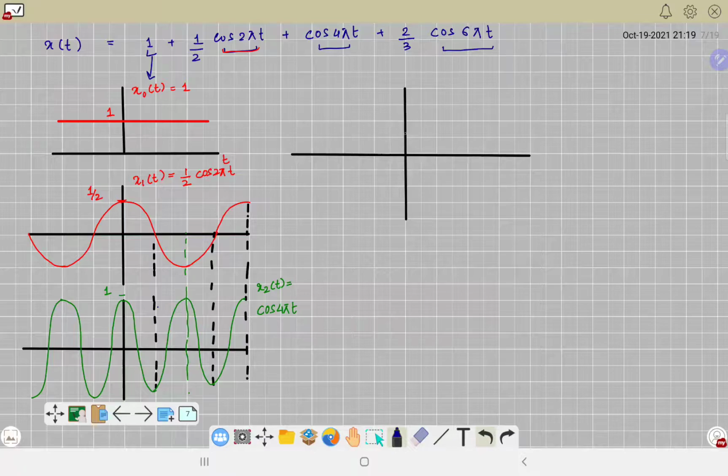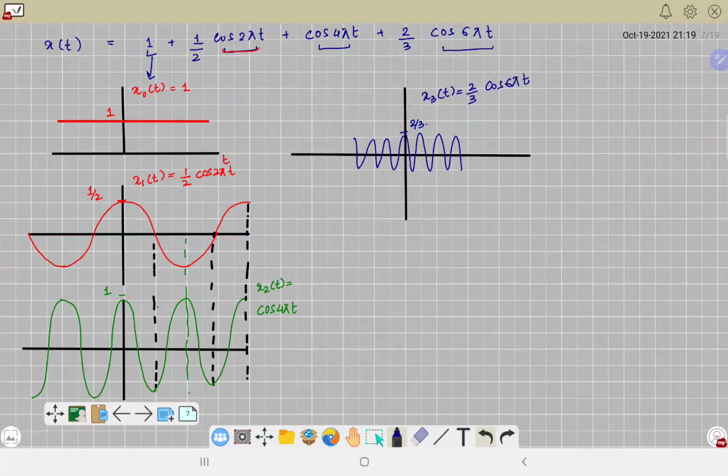Obviously it won't be perceivable here, so it will be something like this, a higher frequency cosine signal. It will peak at 2 by 3. So let's call this x3 of t, 2 by 3 cos 6 pi t.